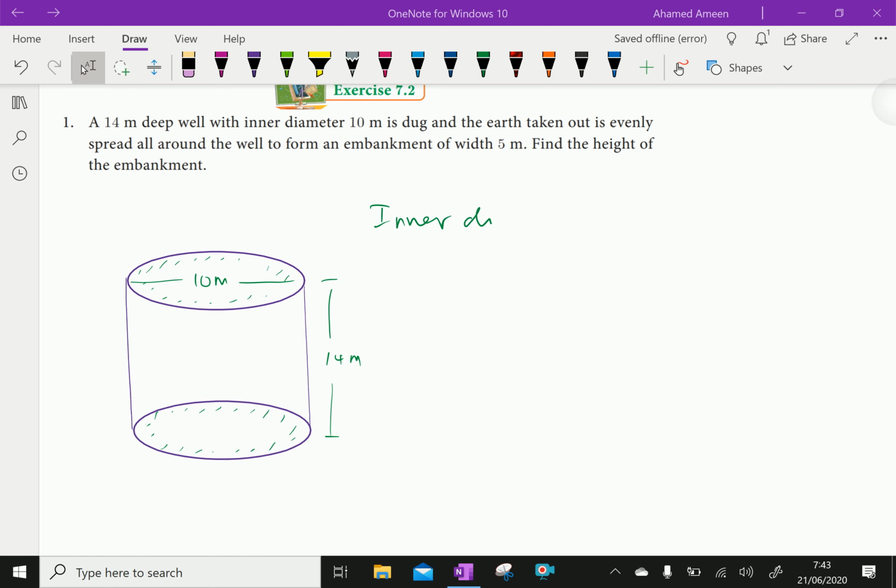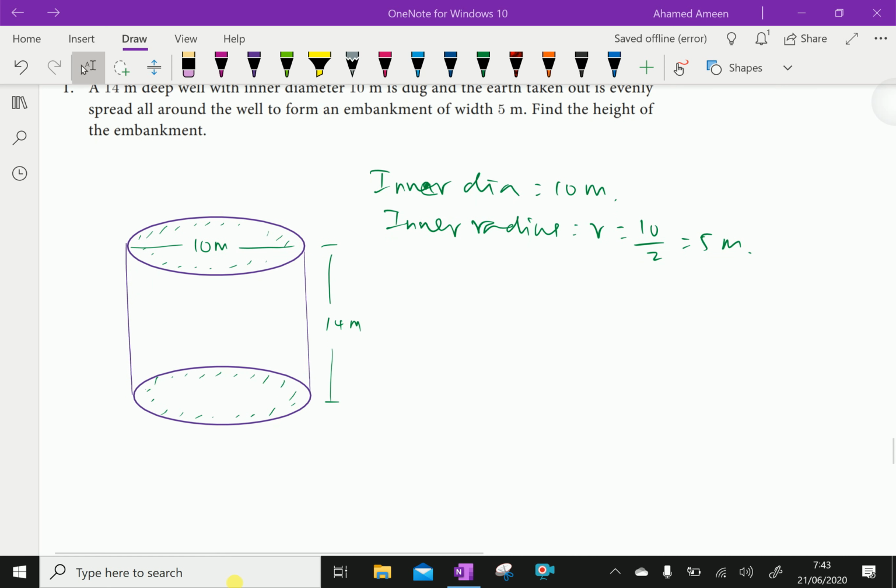Inner diameter is 10 meter, therefore inner radius r equals 10 divided by 2, 5 meter. Inner height h equals 14 meter.